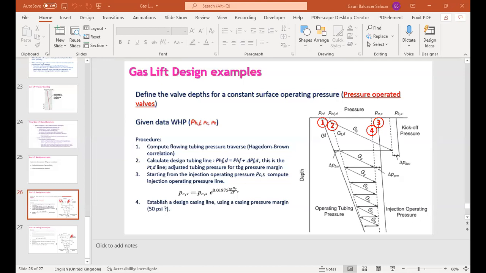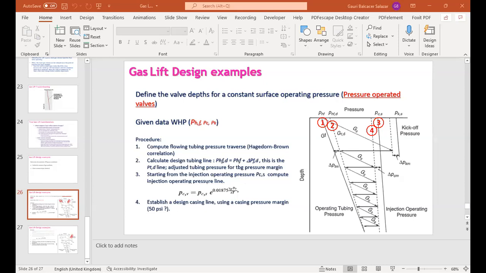In this example, we have this data: mid perforations at 5,200 feet, oil gravity 26 API. So the specific gravity of this oil is 0.9, based on this 26 API.